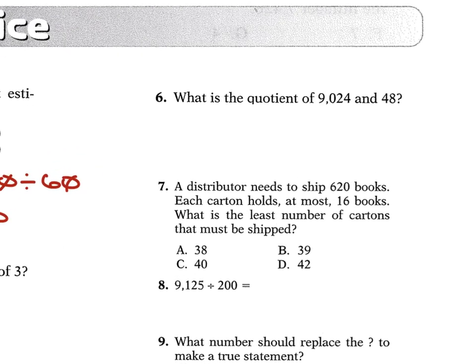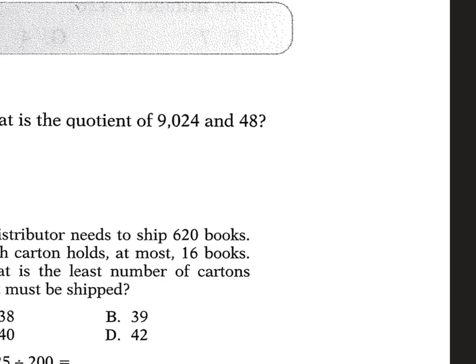For 6, it says, what is the quotient of 9,024 and 48? So we are going to have that 48 on the outside and 9,024 on the inside. So 9,024 divided by 48. 48 does not go into 9, but it goes into 90 one time. So we would subtract these two. This would become a 10, this would become an 8, so that is 42.